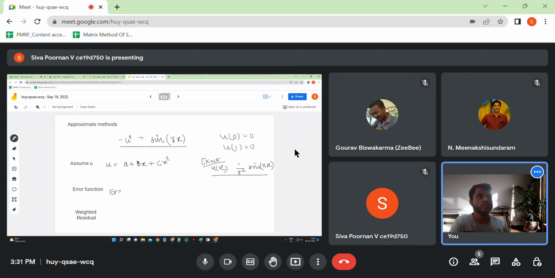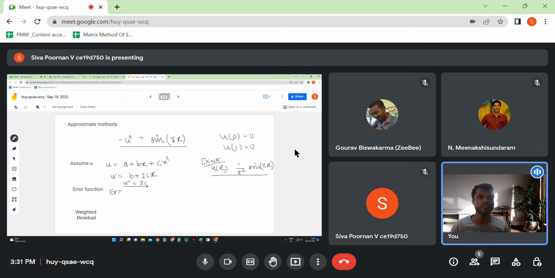Now I'm defining this error by taking this u and double differentiating it. If I differentiate it once, I get b plus 2cx. If I differentiate it again, I just get 2c.